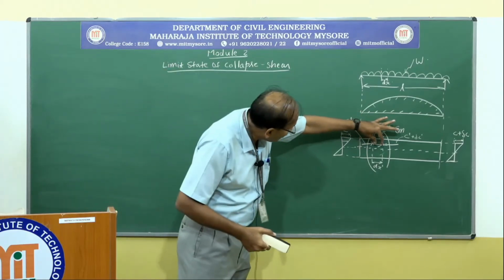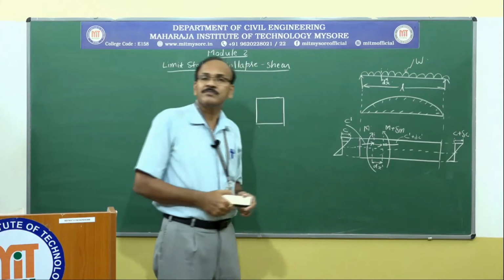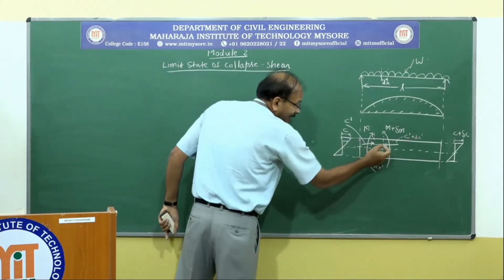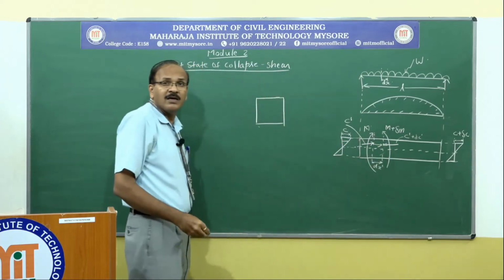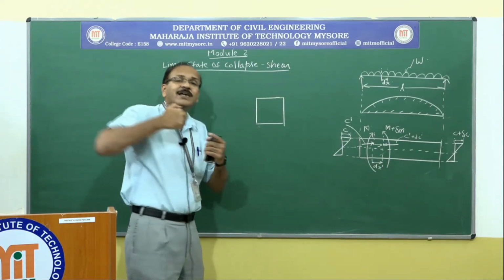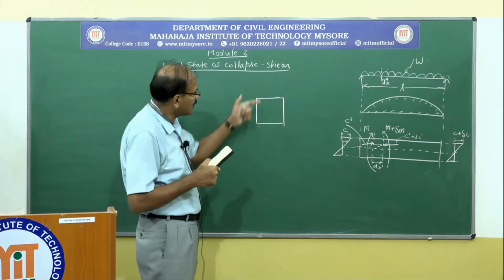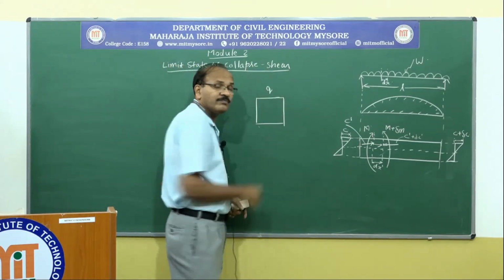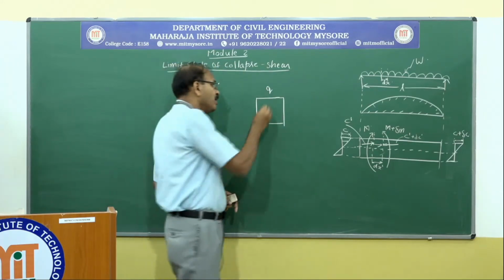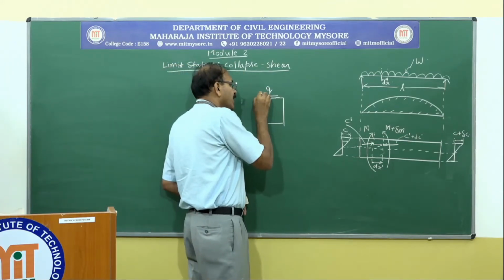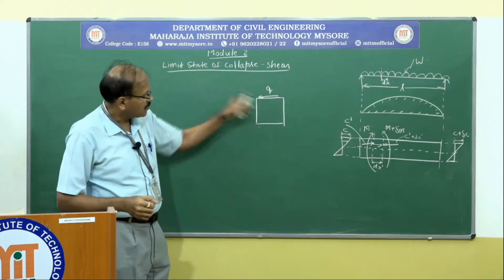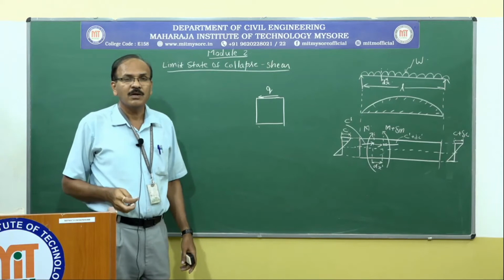So here I am going to take a small element, and instead of calling delta C dash, I am going to call that as force, and if I convert that force into stress at this section, it is going to be Q. Okay. So the direction, let me assume this stress as this way. Is it clear to you?